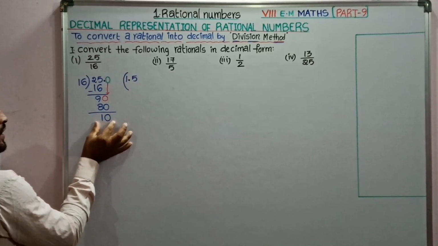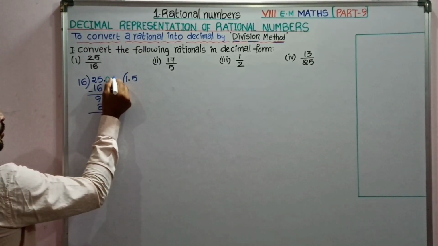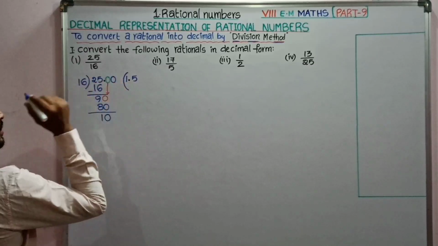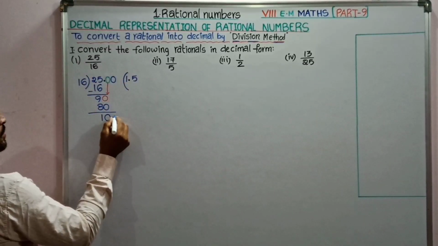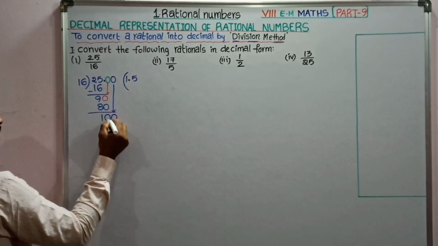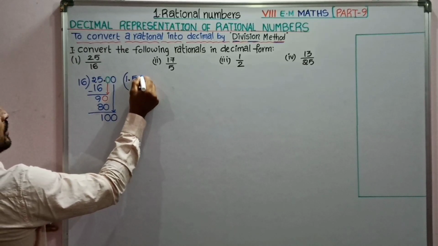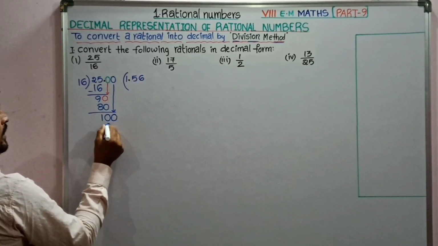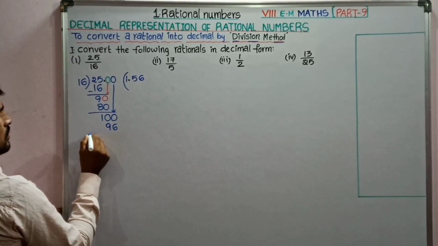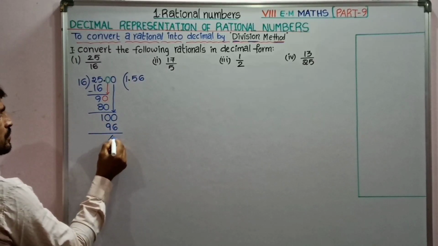Again, the new dividend is less than the divisor, so put a 0 on the right side of the dividend part and in the same way drop that 0 into the new dividend. Now, 16 6s are 96. 100 minus 96 is 4.